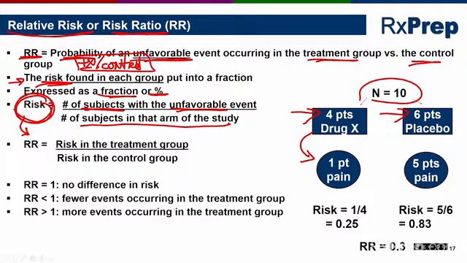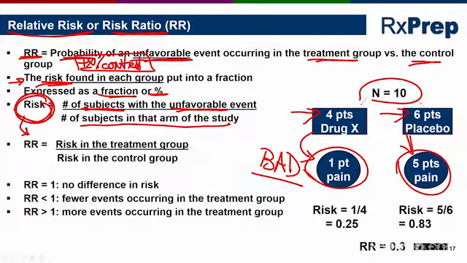Of those 4 patients that got drug X, 1 patient is still in pain. The bad outcome is obviously being with pain, so this is a measure of the unfavorable outcome. Of the 6 patients randomized to placebo, 5 of them are still in pain. Okay, so this is just the raw data.